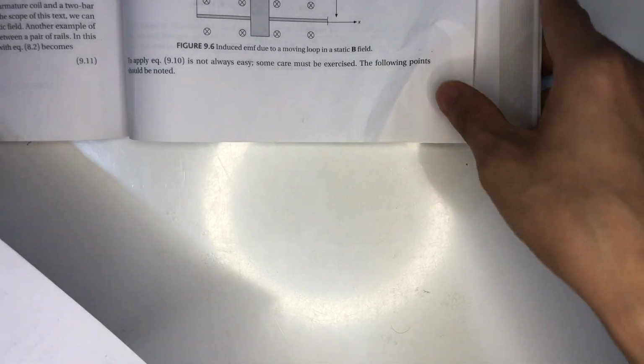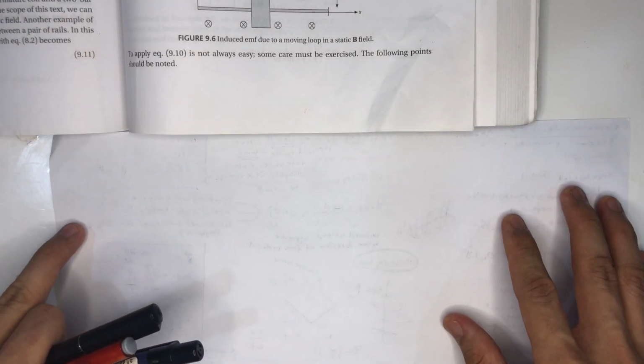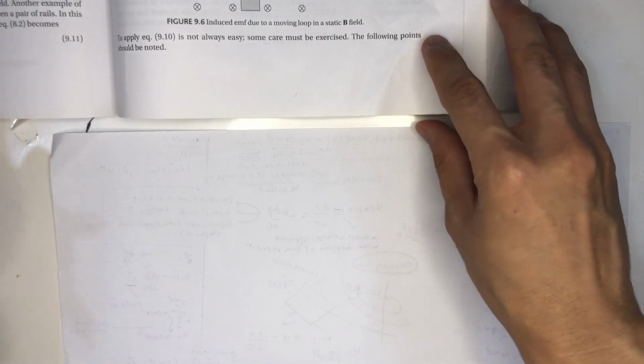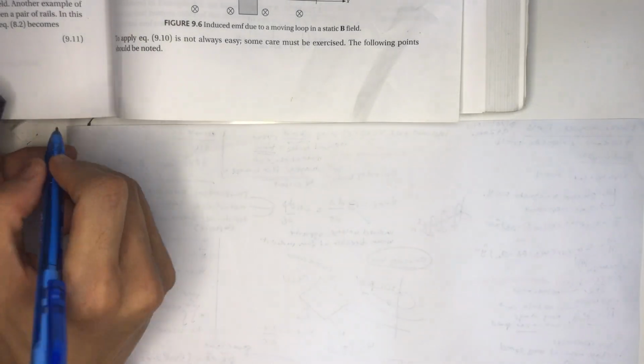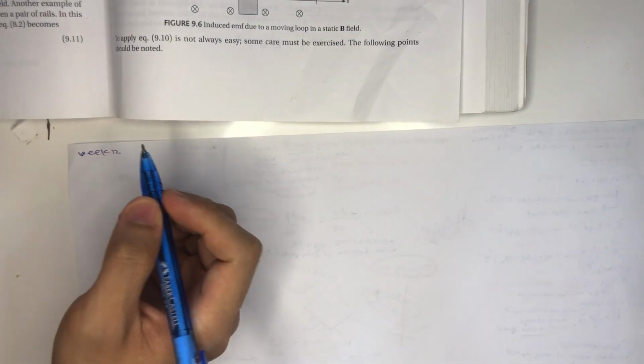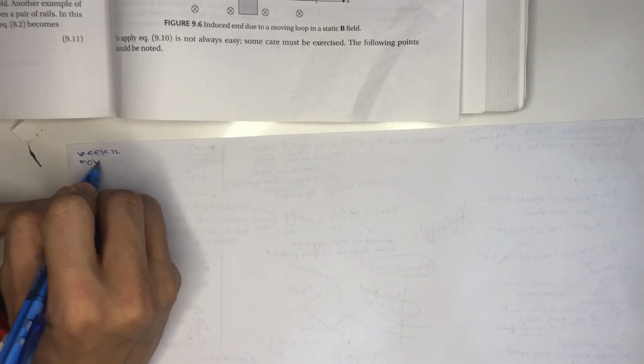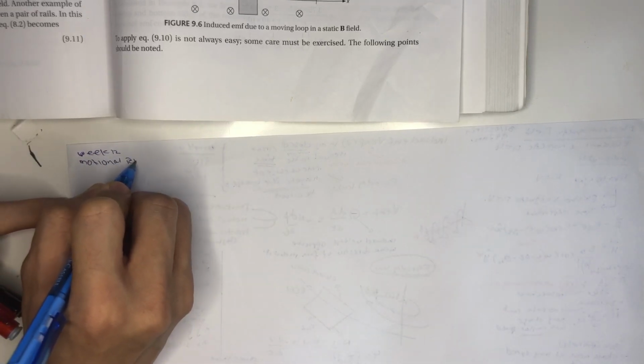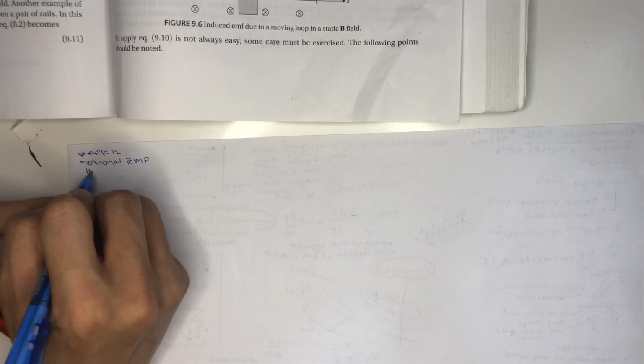If there is any conflicting information between the Sadiku book, my teaching, or the lecture video, please feel free to let me know. So now we continue with week 12, where hopefully we cover motional EMF and also the hybrid case.